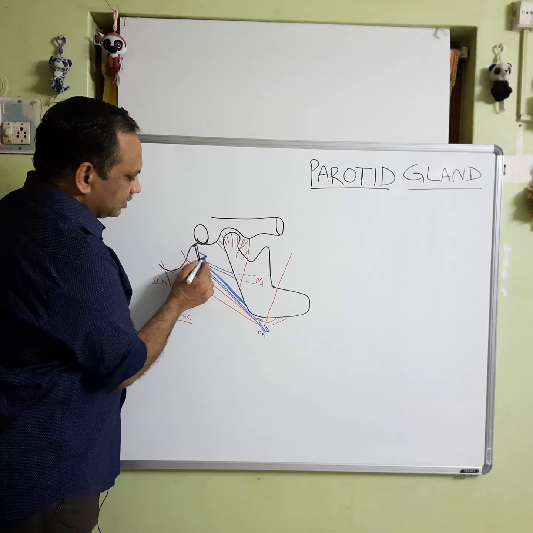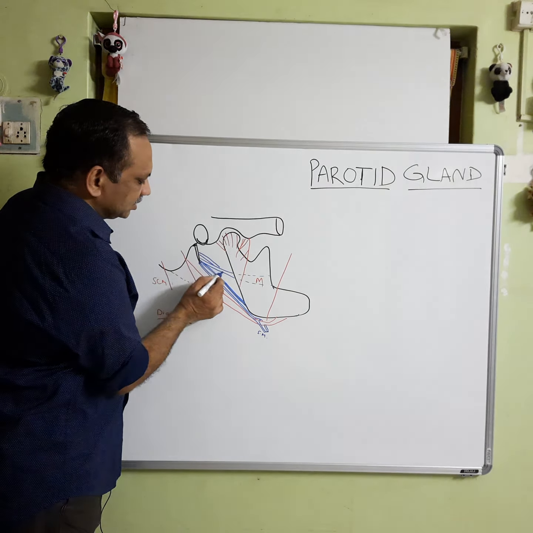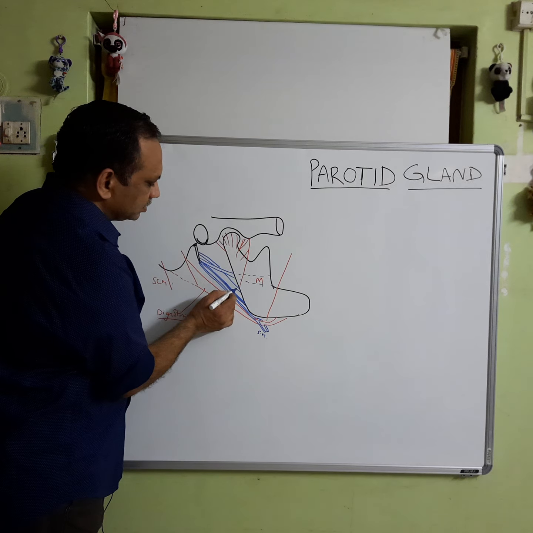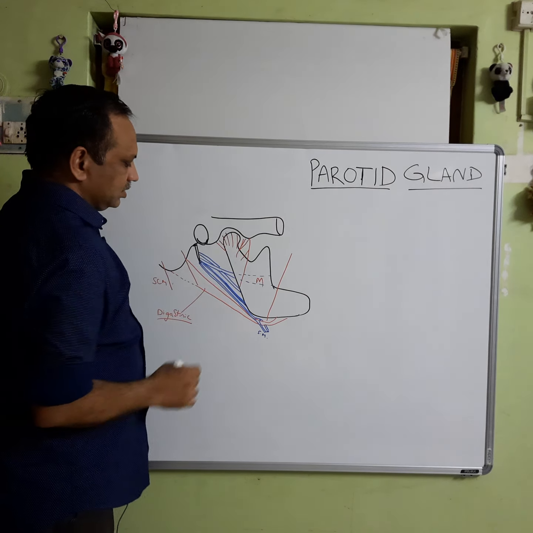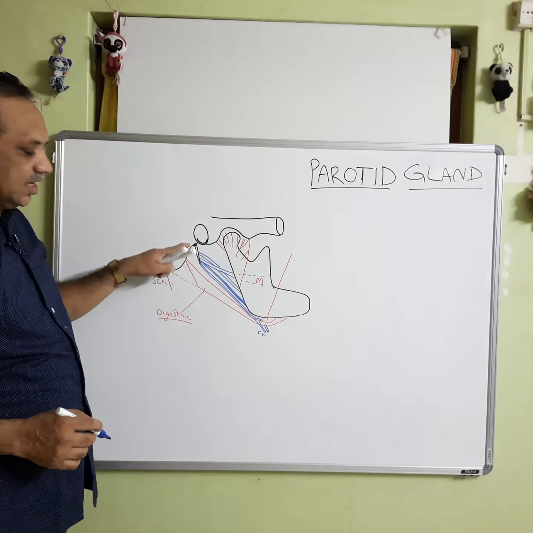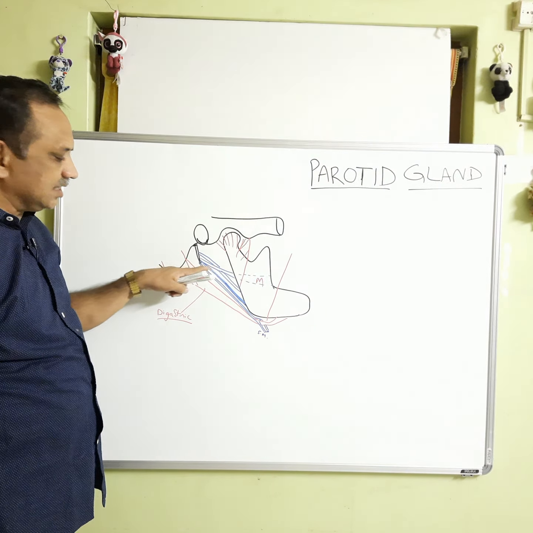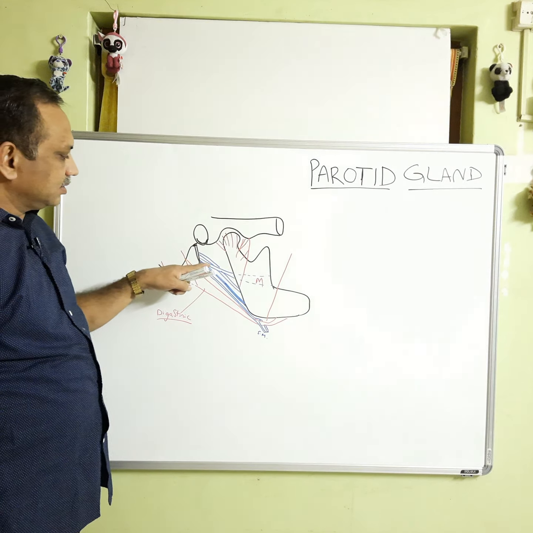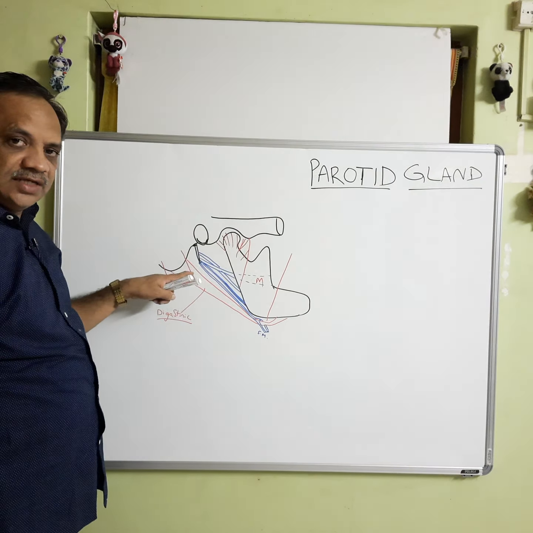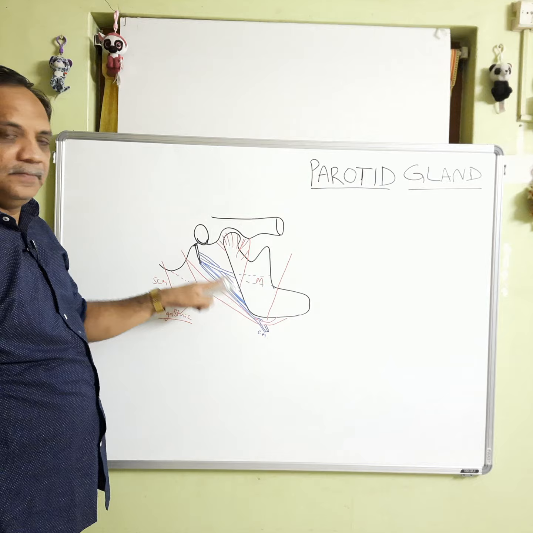From the middle of the styloid process, the stylopharyngeus muscle goes to the pharynx. So, the styloid process and the muscles attached to it are present at the floor of this parotid bed.